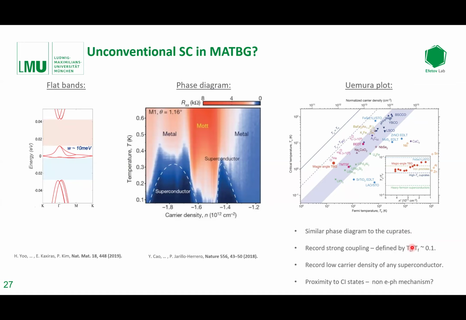Therefore, if you look at the TC versus TF ratio, TBG is only comparable to other unconventional superconductors, such as cuprates or heavy fermion compounds. In general, TBG also has by far the lowest electron concentration that makes up the superconducting state.